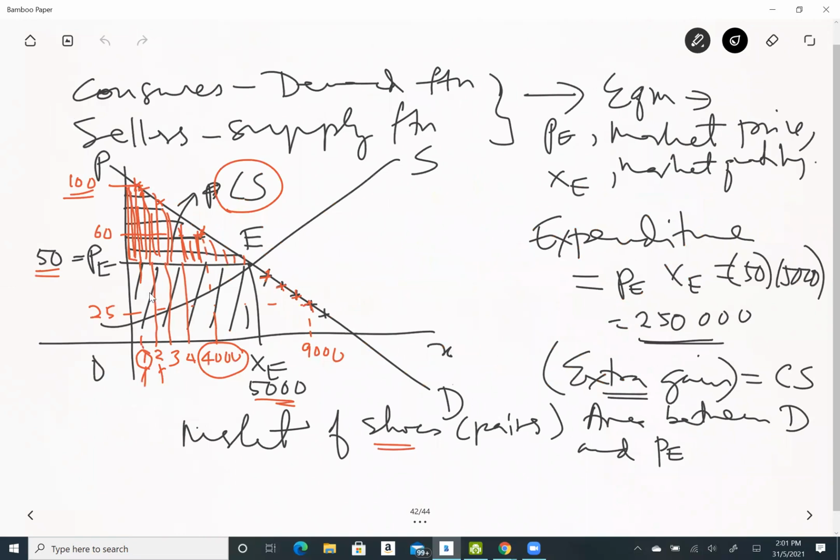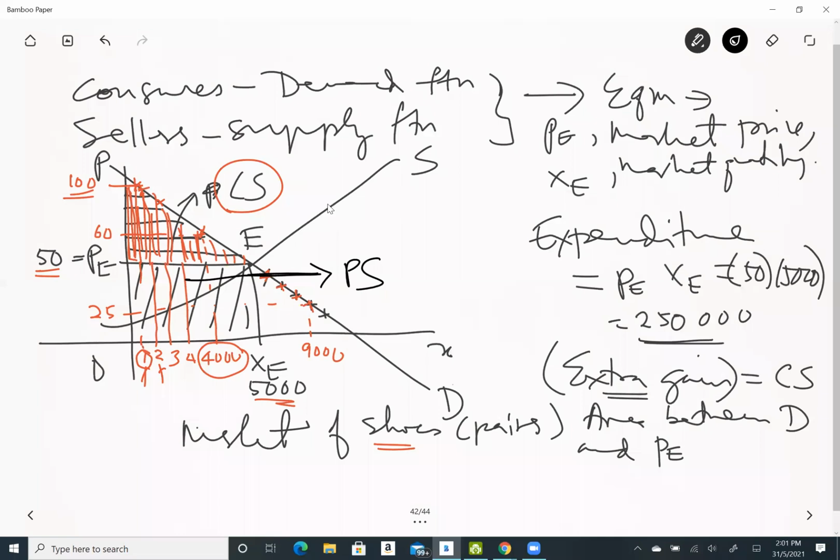Producer surplus is the area between the price, the market price or the equilibrium price, and the supply function.